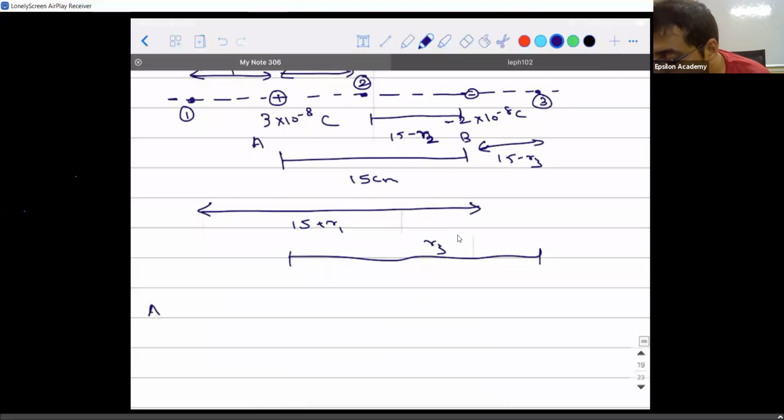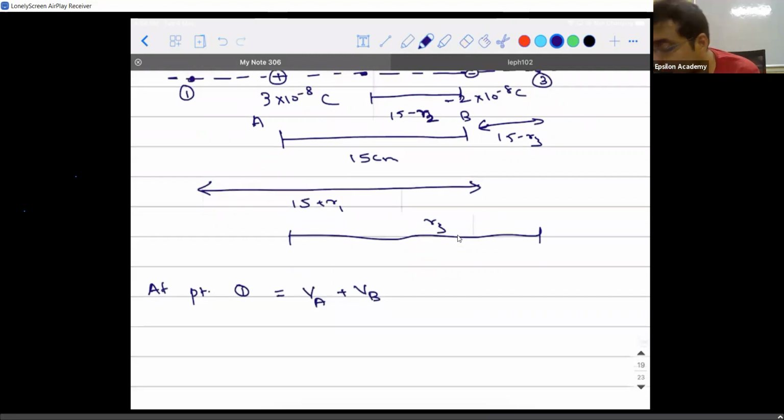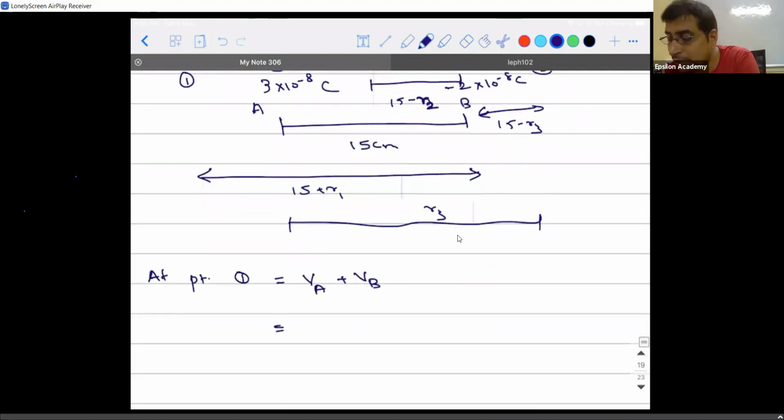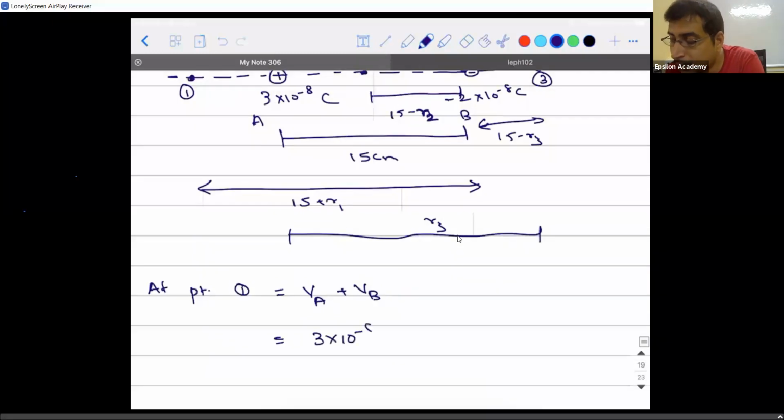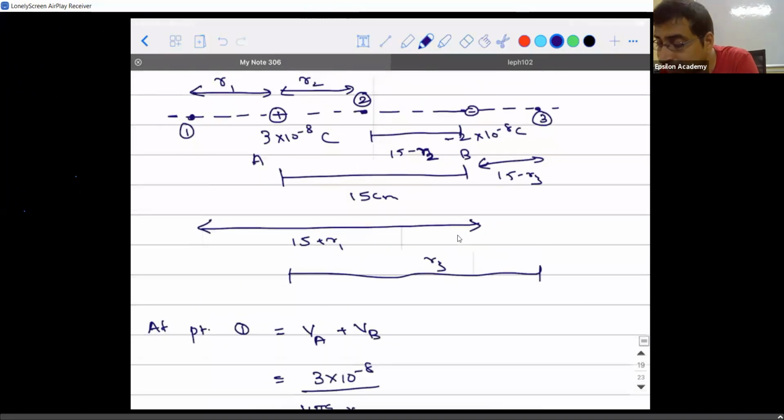So what is going to be the potential at point 1 that we need to calculate? So how to calculate it? Take this as the first charge. So that is going to be the total potential at A plus the total potential due to the charge at B. So what is the potential due to the charge at A? It is 3 into 10 power minus 8 divided by 4 pi epsilon naught into, what is the distance, guys?